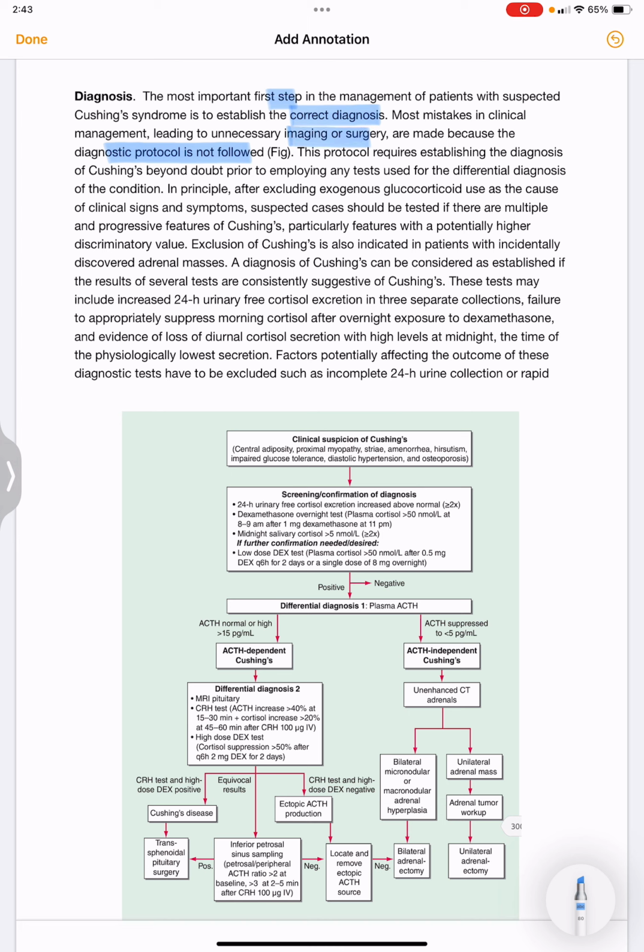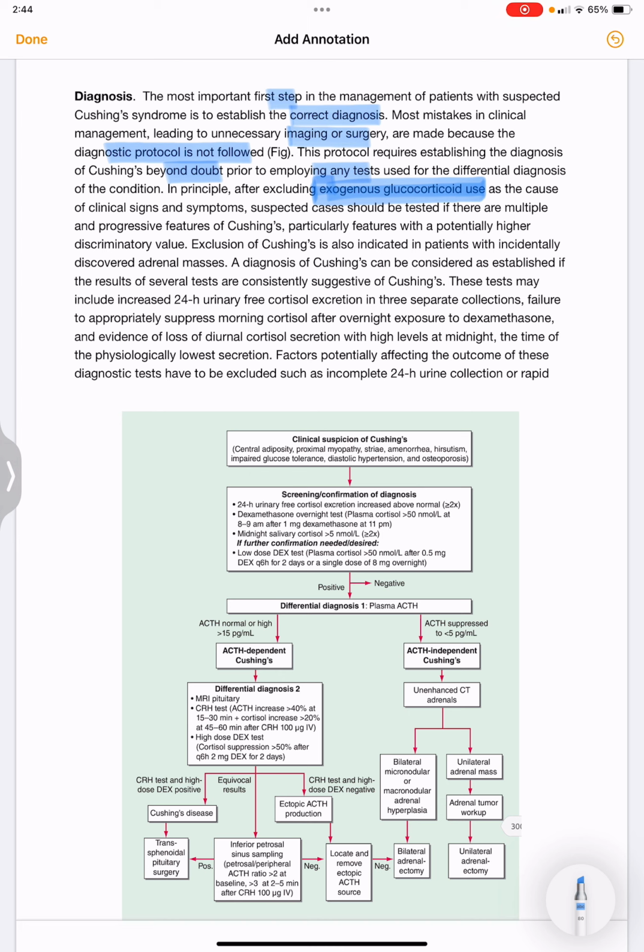This protocol requires establishing the diagnosis of Cushing's beyond doubt prior to employing any test used for the differential diagnosis. So first, we have to exclude exogenous glucocorticoid use as the cause of clinical signs and symptoms.